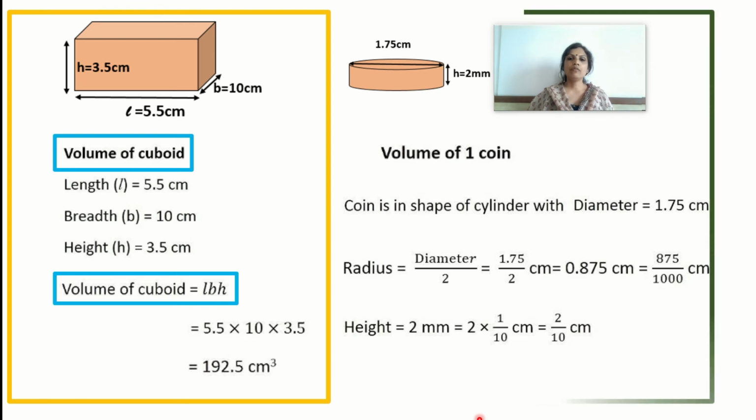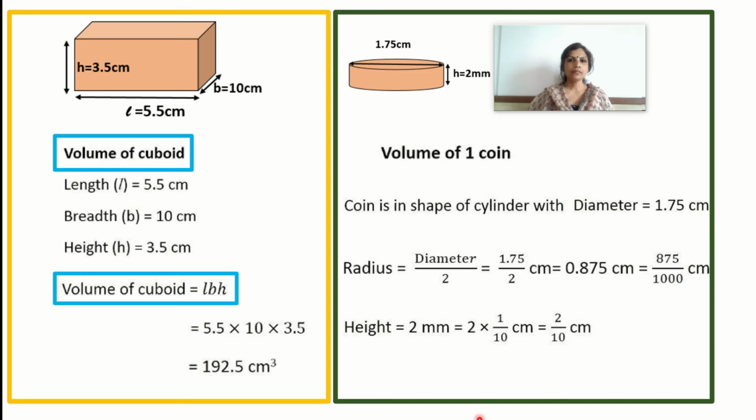Let's find the volume of one coin now. To find the volume of a coin, we need the radius. We are given the diameter of the coin as 1.75. So its radius is 1.75 upon 2 centimeter, that is 0.875 centimeter. Let's take out the decimal point.